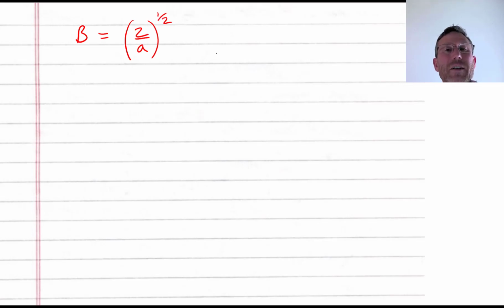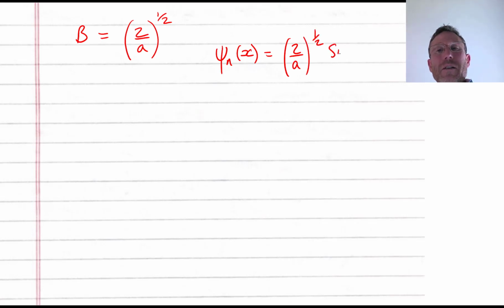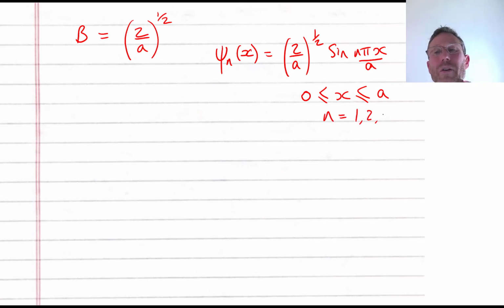And so our final expression for the wave function, psi n of x, we put the n in there because it depends on that quantum number, is 2 over a to the half sine n pi x over a, for 0 less than or equal to x less than or equal to a, and n is equal to 1, 2, 3, etc.